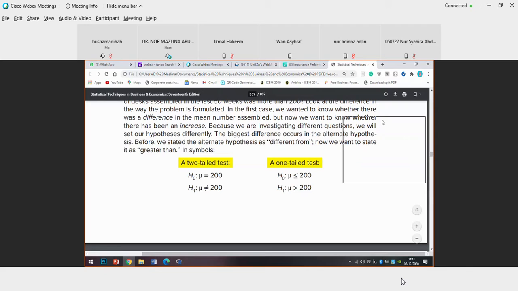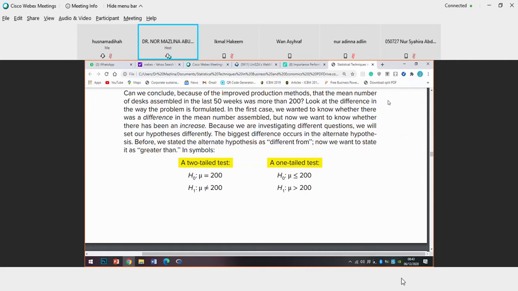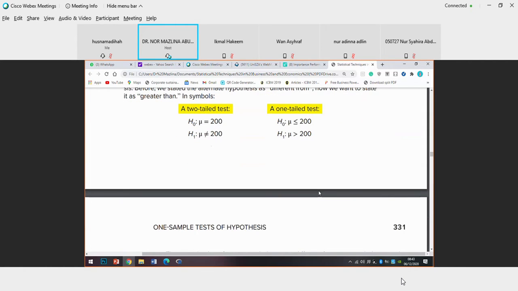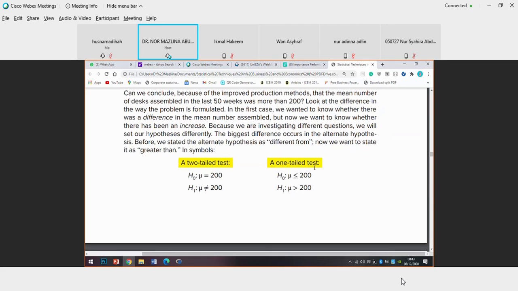Just make a conclusion that it is more than 200. Okay, it's like this. When your statement is less than 200 or more than 200, right? Then I don't know whether you reject or not, but most probably it is going to be rejected.